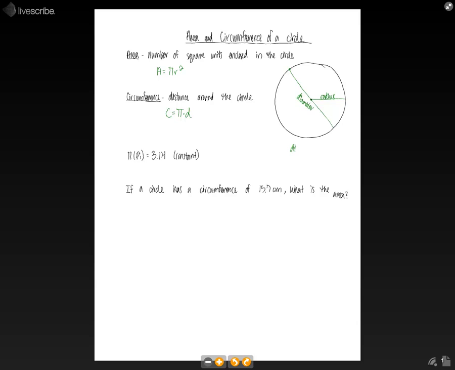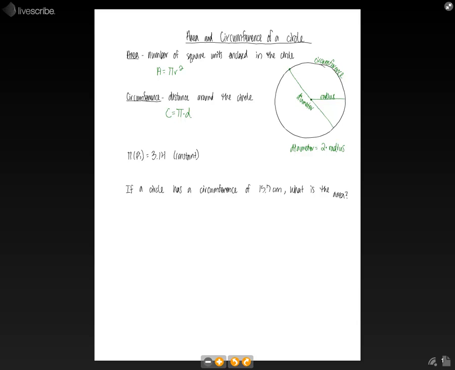So we know that the diameter is equal to 2 times the radius. And the circumference, like we said, is the distance around the circle, so it's going to be all the way around the outside.